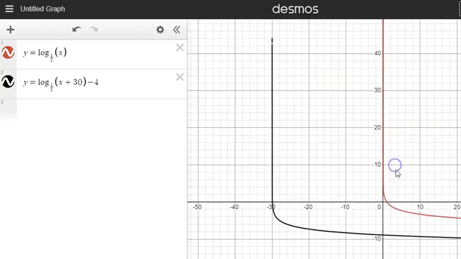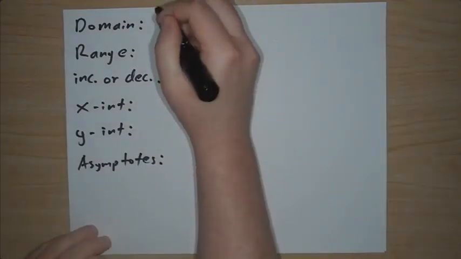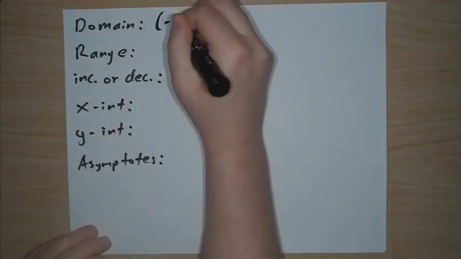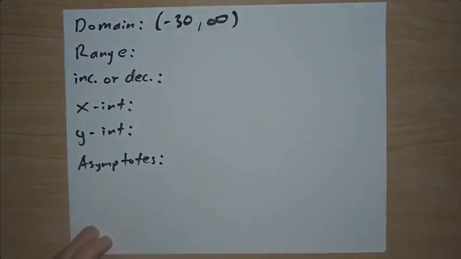When we move this function to the left 30 spaces, that vertical asymptote also moves with it, and so our domain has changed from 0 to infinity to negative 30 to infinity. So writing that down, our domain is negative 30, not including negative 30, to infinity.